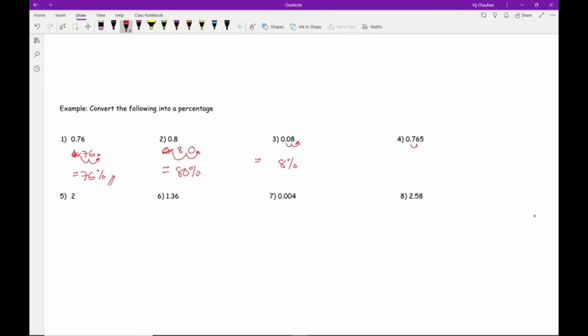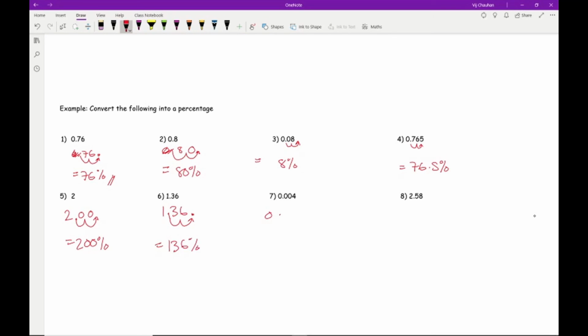Here we're going to move it 2 places, so it's between the 6 and the 5, giving me 76.5%. With question 5, we've got 2, so our decimal point is here. I'm going to move it 2 places, filling any empty spaces with zeros, so that becomes 200%. With 1.36, again I'm going to move the decimal point 2 places, so it becomes 136%.